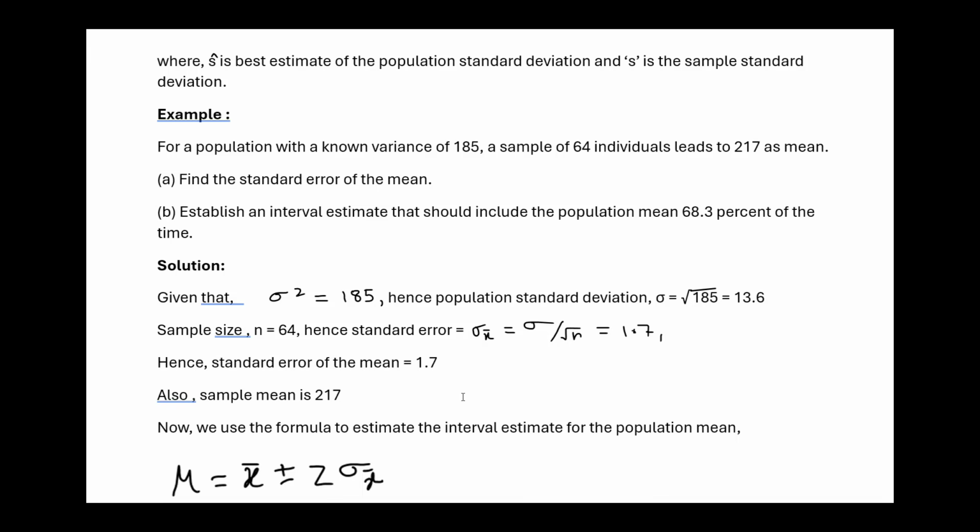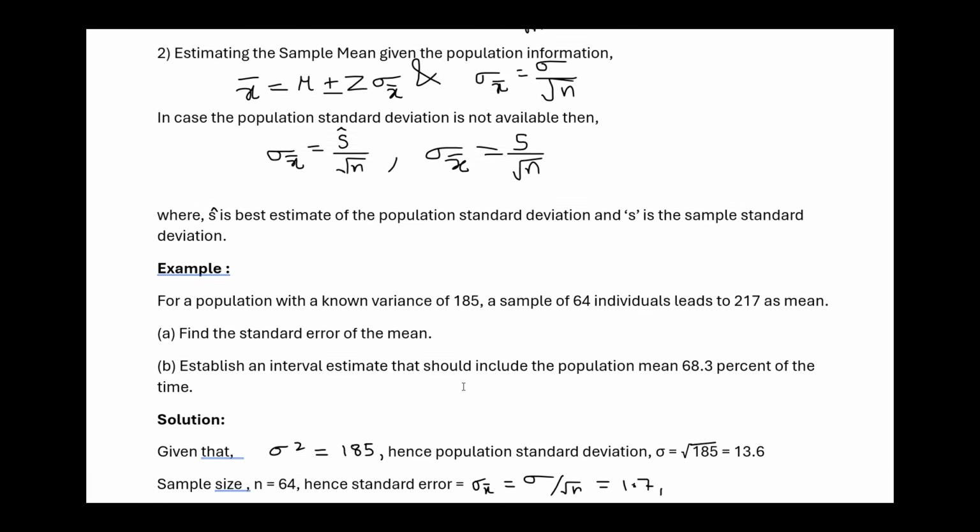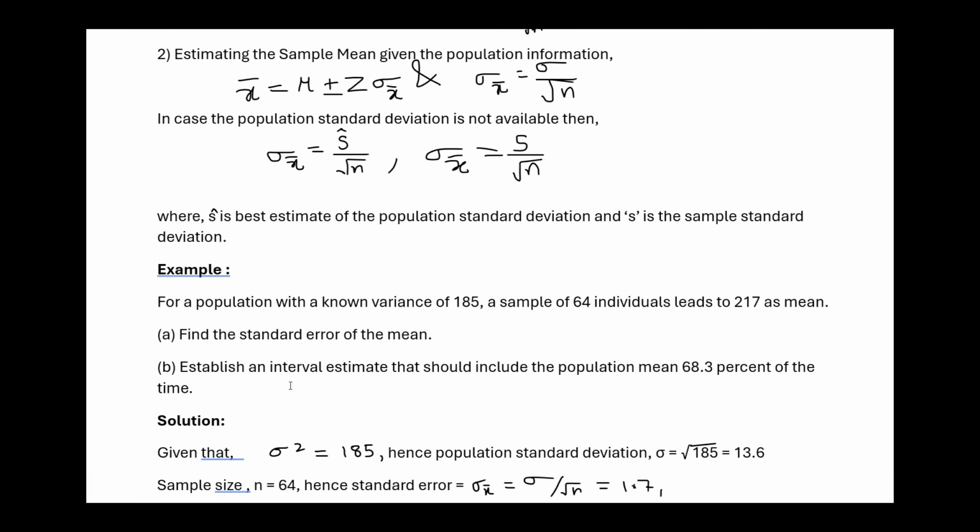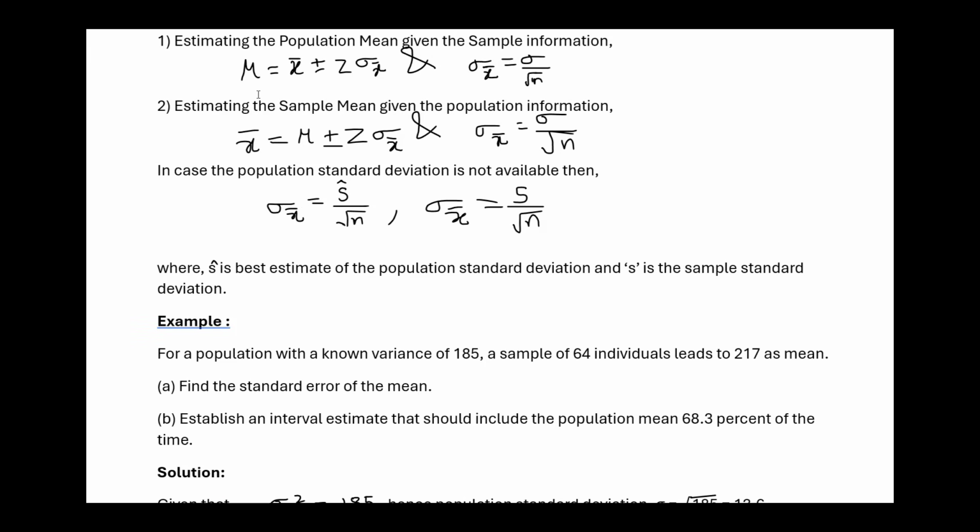Find the standard error of the mean, and second part, find the interval estimate that should include the population mean 68.3% of the time. So clearly here we are going to be using the equation where we are trying to estimate the interval for the population mean.